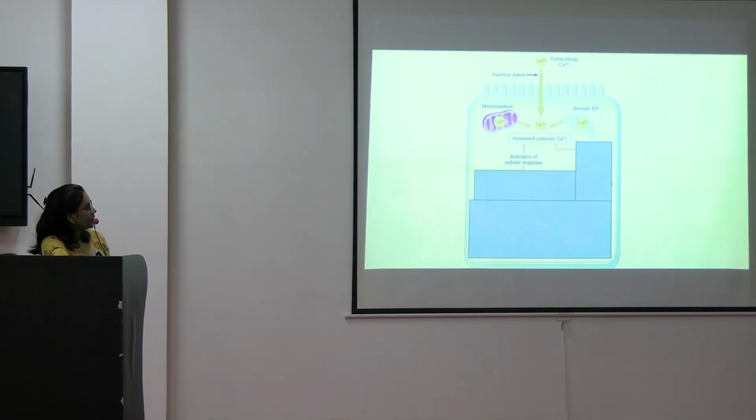So, we've read from the previous slide that there is going to be increased influx of calcium. So the extracellular calcium is going to come inside the cytosol. And the membrane of the mitochondria and the endoplasmic reticulum is also going to be affected. So the calcium ions from the mitochondria and the endoplasmic reticulum also move out into the cytoplasm.